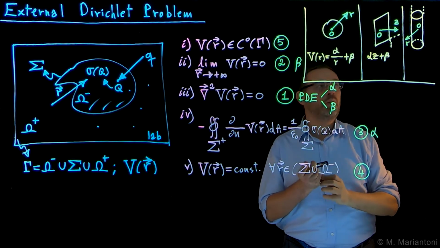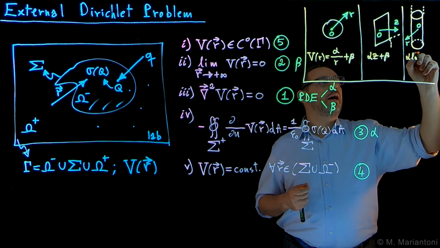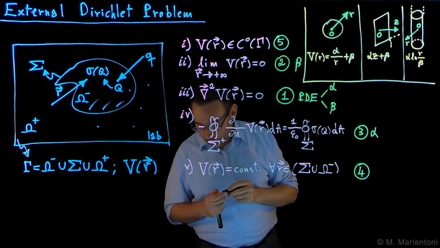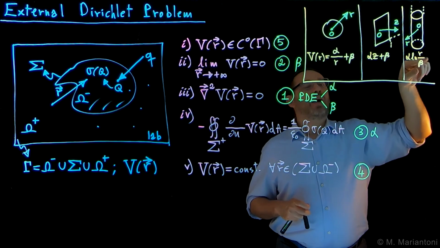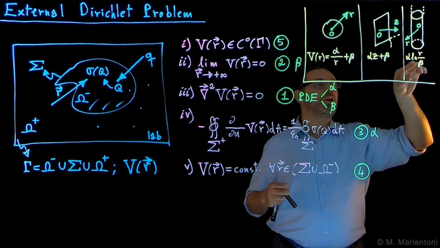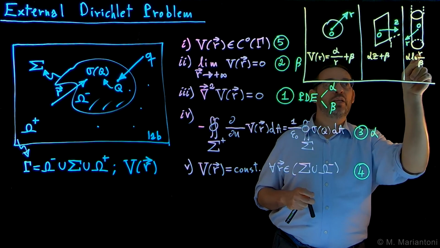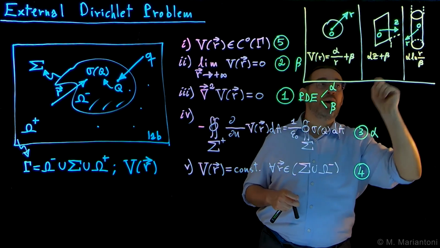The solution is the most complicated one, it is alpha natural logarithm of R divided by beta. Note that I wrote it in this way. Of course, you could write it as natural logarithm of R minus natural logarithm of beta, which is an additive constant. I put it like this because the argument of a logarithm cannot have dimensions. So this beta has to have dimension of meters in order to make it dimensionless.